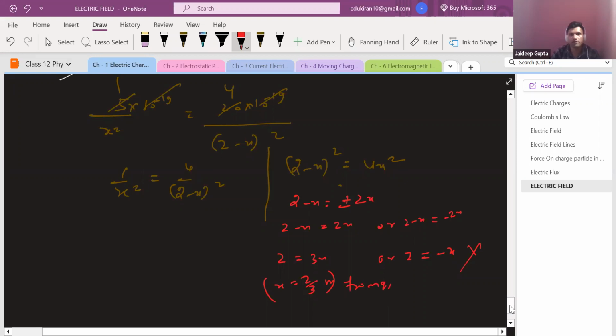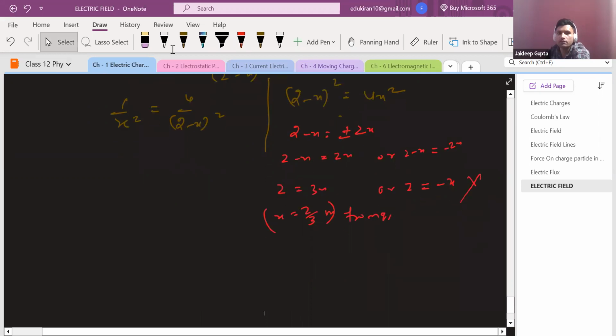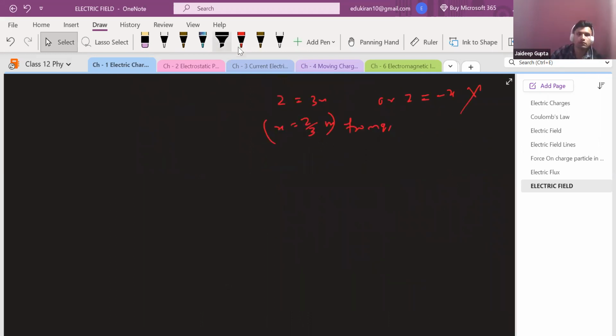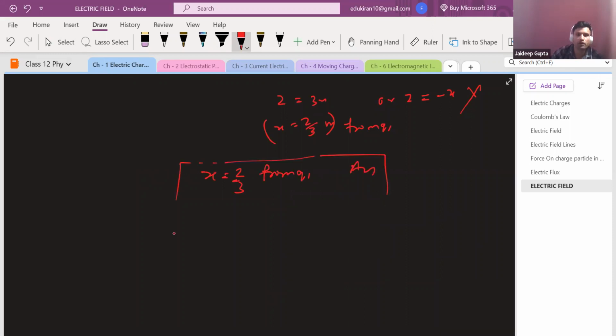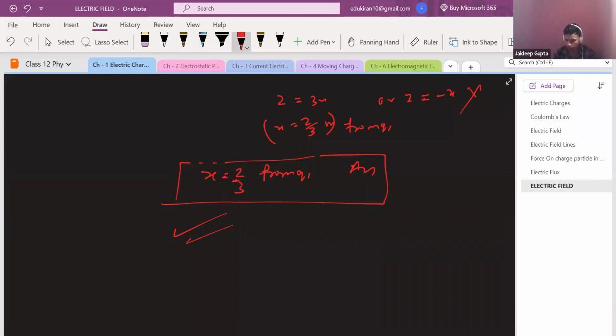So the final answer is X equals 2 over 3 from Q1. This kind of question is very important. Okay. Is it okay, Iram? Yeah, sir.